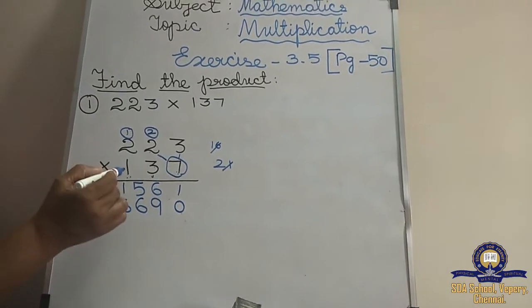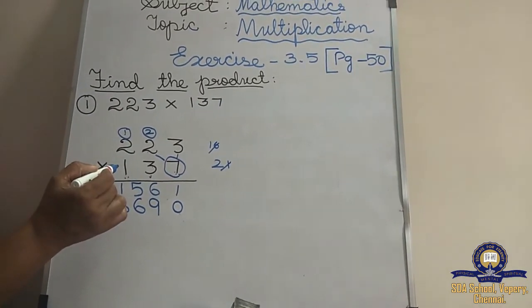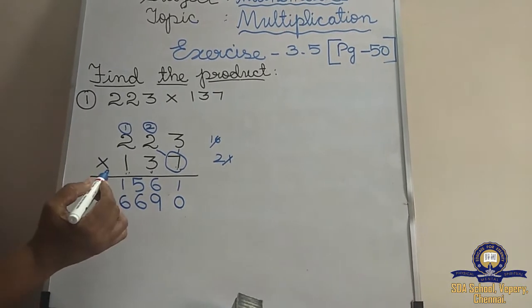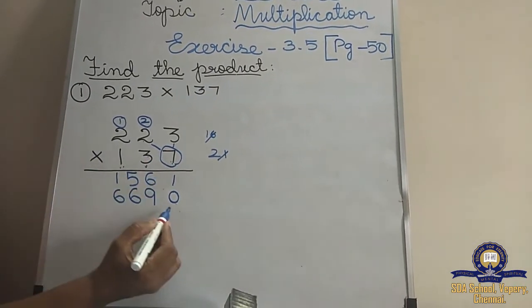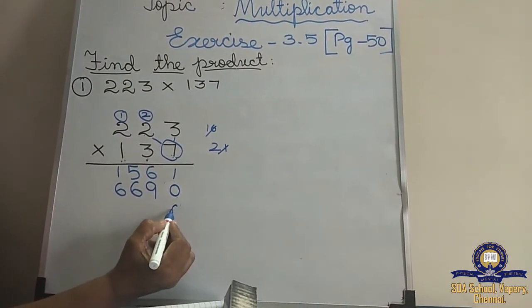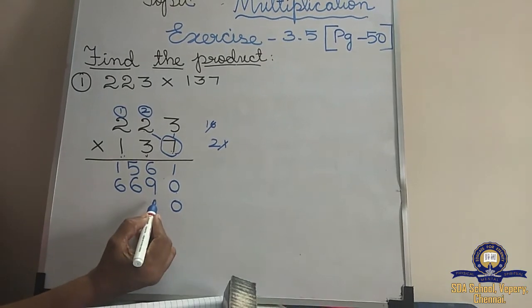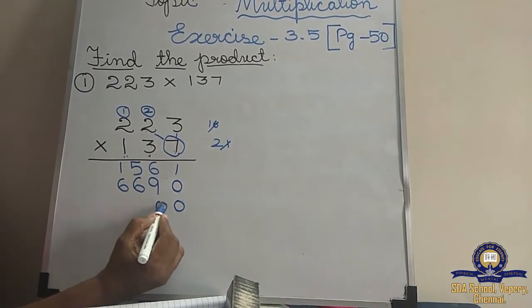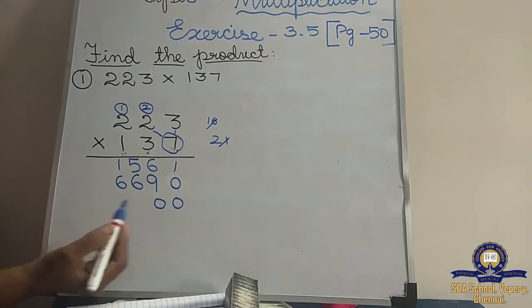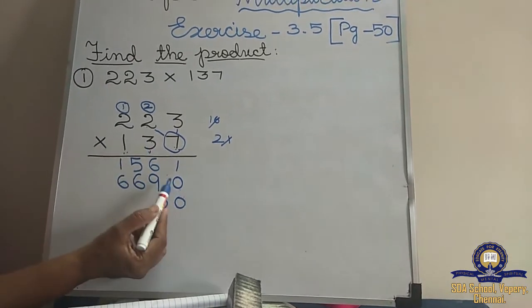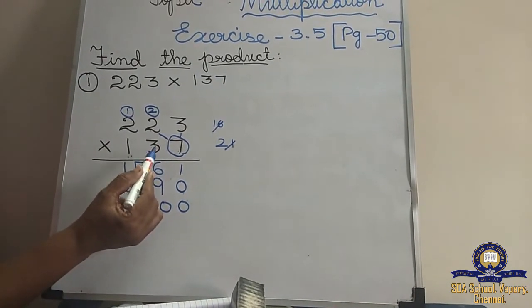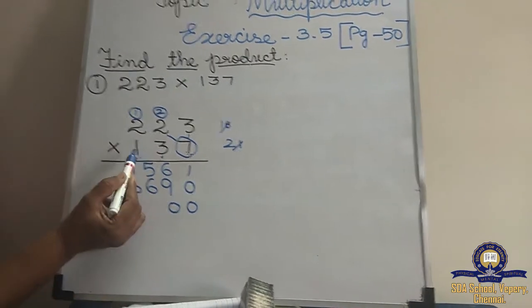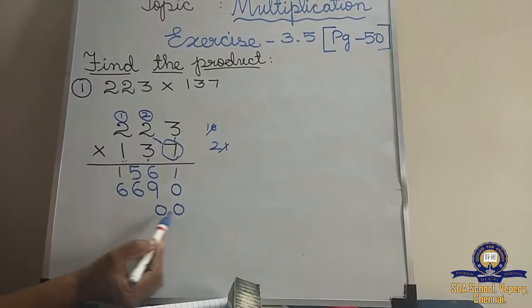You have to multiply by 1. This is the hundreds column, isn't it? When you multiply by tens, you have to put 1 zero. When you multiply by hundreds, you have to put 2 zeros.